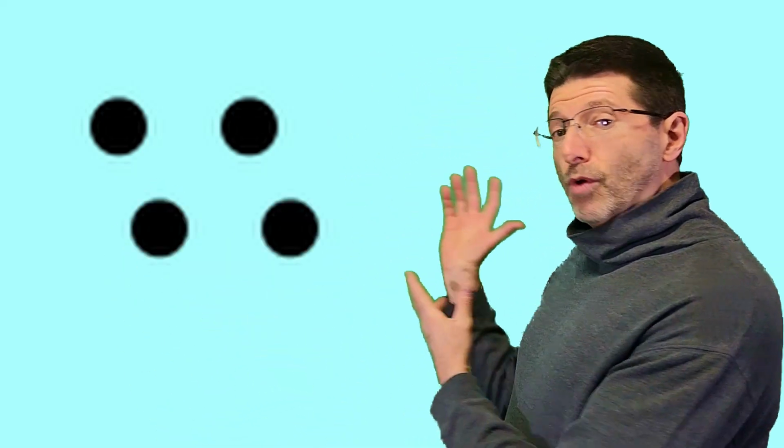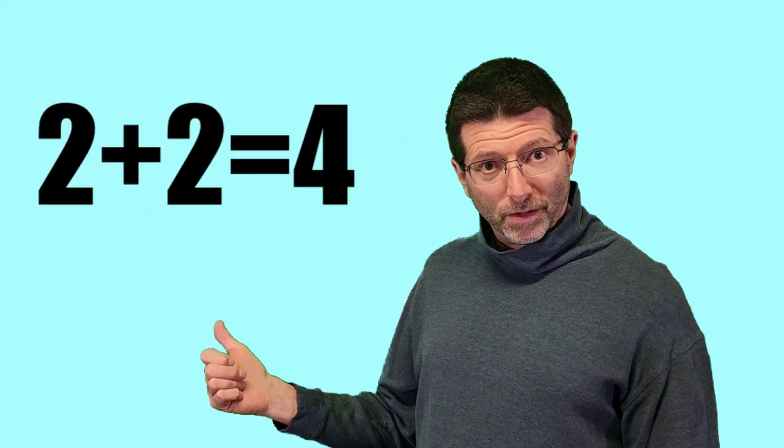Well, you have a symbol, and that symbol is a 2, right? When we make a formula, say we have 2 objects and we found 2 more objects, well, now we've got 4 objects, right? Okay, so now we have a formula. 2 plus 2 equals 4.